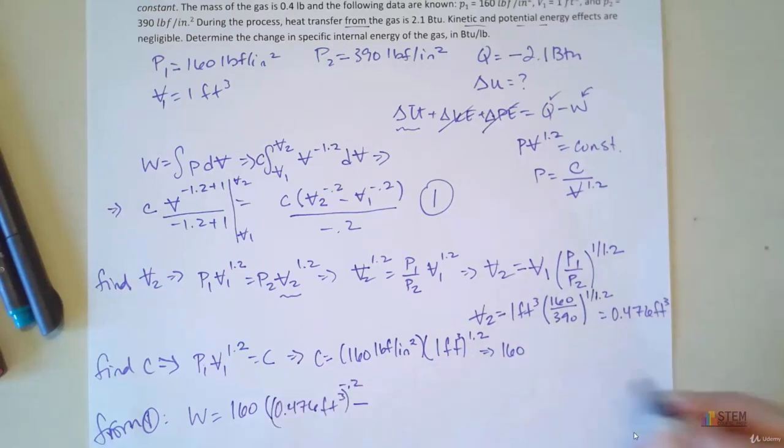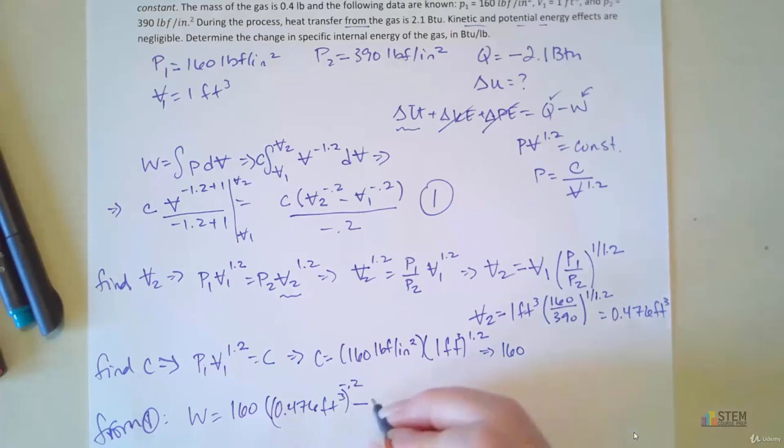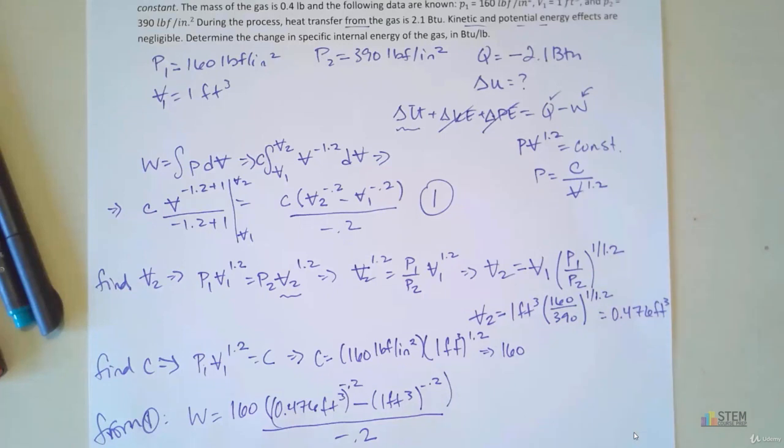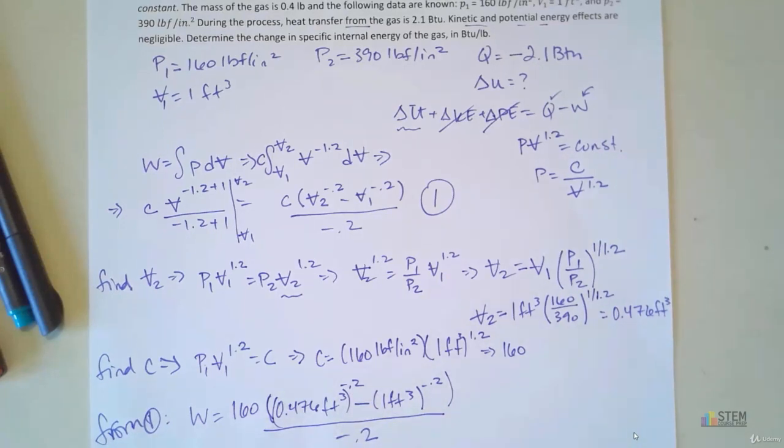And then we're going to subtract V1, which was 1 cubic feet, and that's to the power of negative 0.2. And then we're going to divide by negative 0.2. Alright, so your weird units here on C, which I didn't even write out, they go away because we have weird units here when we're doing this power to the negative 0.2. So the units are all going to end up working out there in the end.